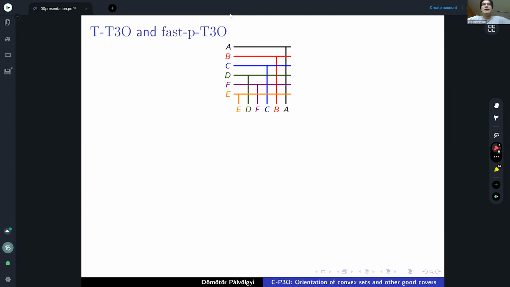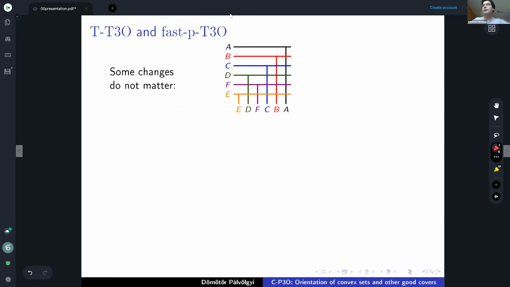So what are these T3Os? As I said, they are like T shapes. Some swaps matter when you swap these vertical lines, but some do not. For example, if I swap D and E, so when I swap the bottom one with someone, that doesn't really matter.